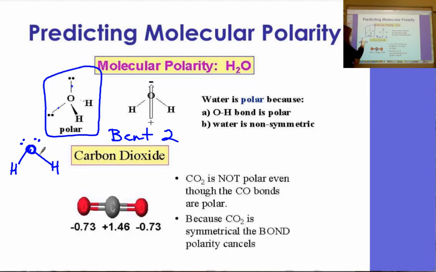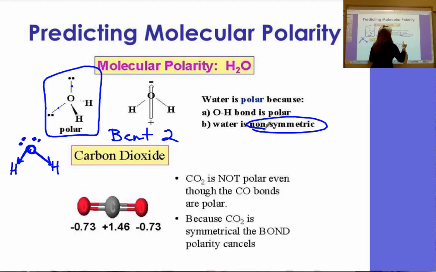Do you think these hydrogens can pull on this oxygen as equally as a lone pair? No. Whenever you have a lone pair, you're definitely asymmetrical. If you see a lone pair, you're already asymmetrical. So that's part 1. Good.